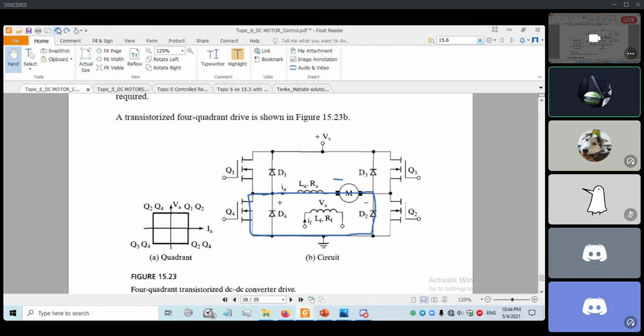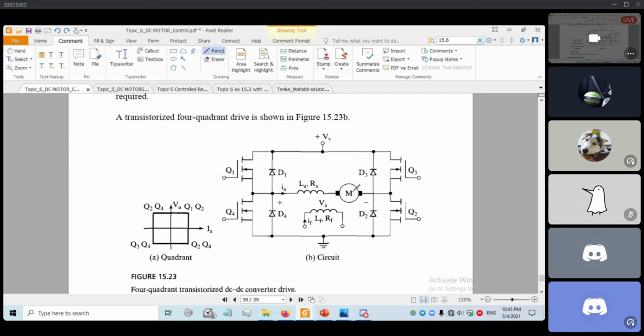Now we need reverse regeneration. In this, Q1, Q3, and Q4 are all turned off. Everything is turned off and the armature is rotating. Then Q2 is turned on. Remember the armature voltage was, sorry, I had it wrong in my write-up up here.